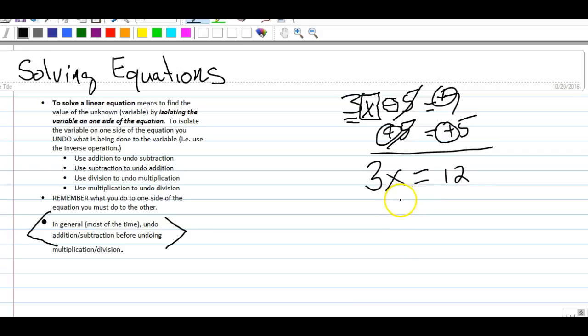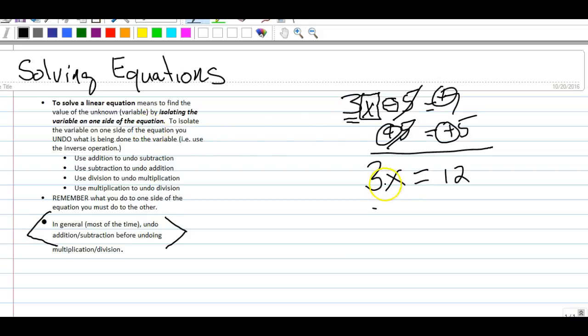I have simplified the equation somewhat, but I'm not where I need to be. Because in order to solve an equation, it means to isolate the variable on one side of the equation. Well, I have 3x. I don't want 3x or 2x or the opposite of x or 1/4 x. I want positive 1 times x.